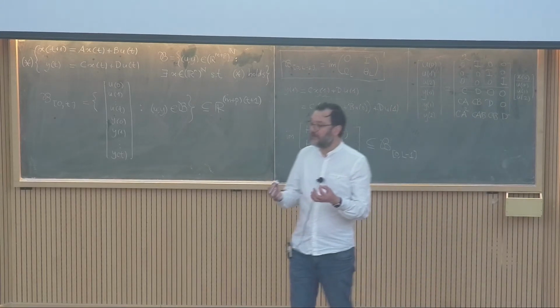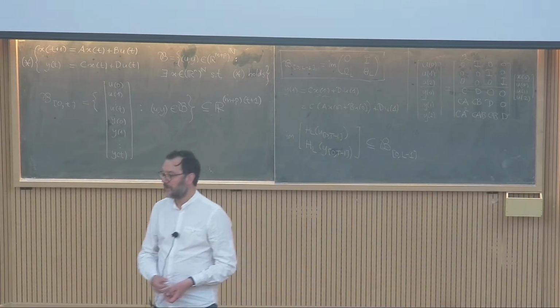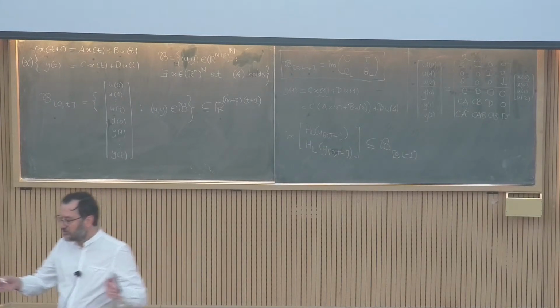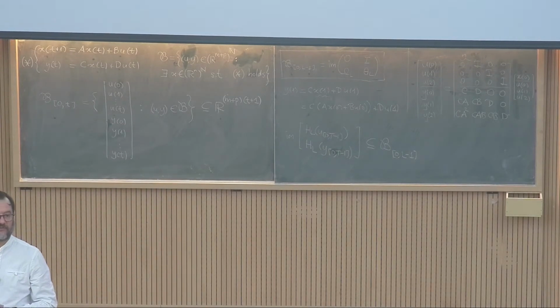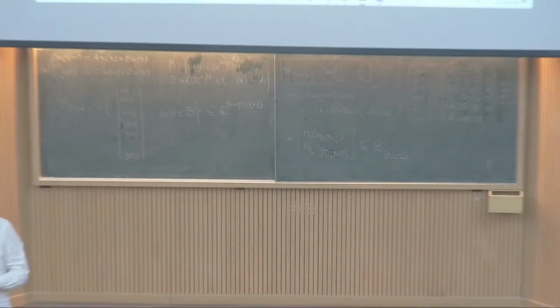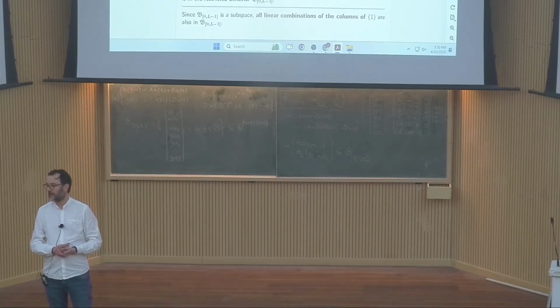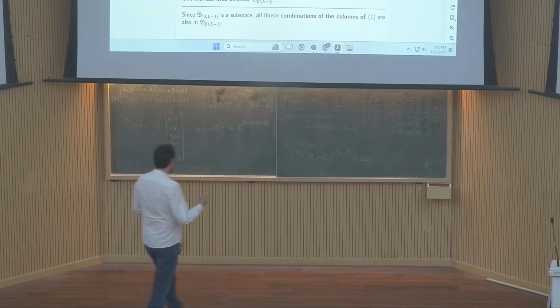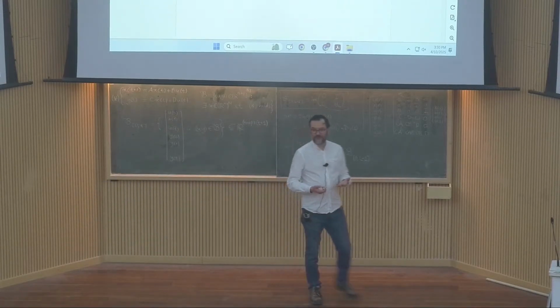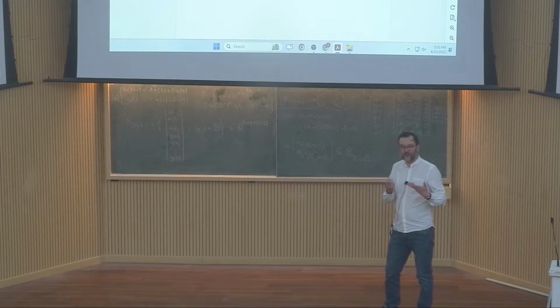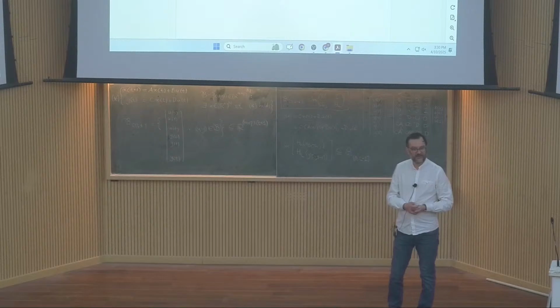But we are looking at a time invariant system. If you have a trajectory and shift it by 1, it is still going to be a trajectory. Therefore, the second column needs to belong to this restricted behavior. And then you can do again and again. All the columns need to belong to this restriction. Okay? Well, here is another kind of trick in proving two subspaces being equal.